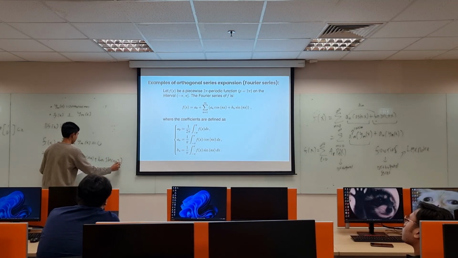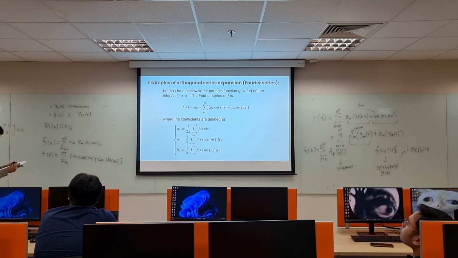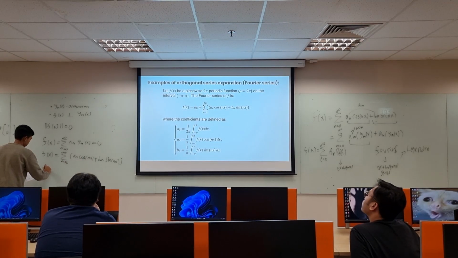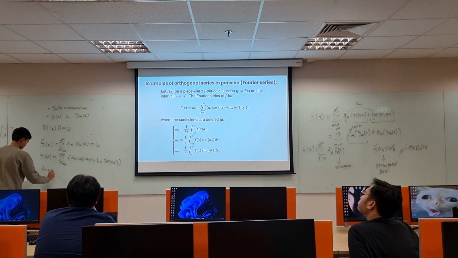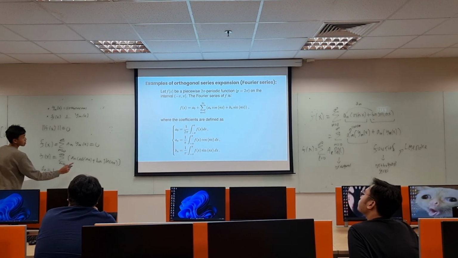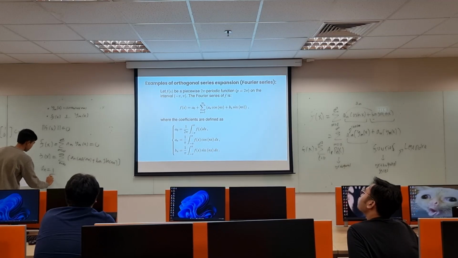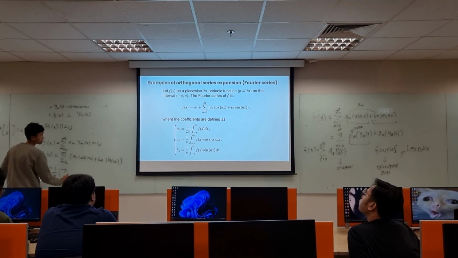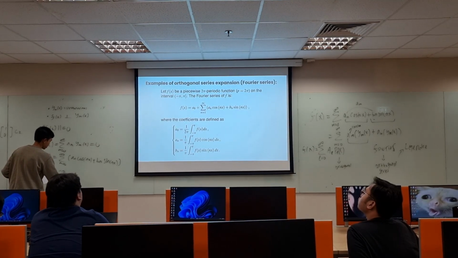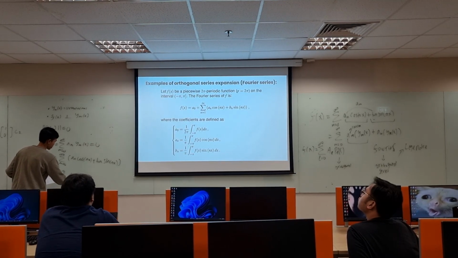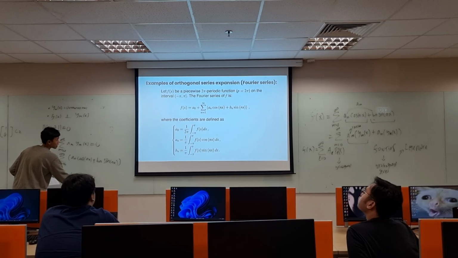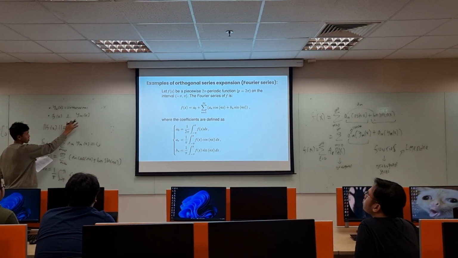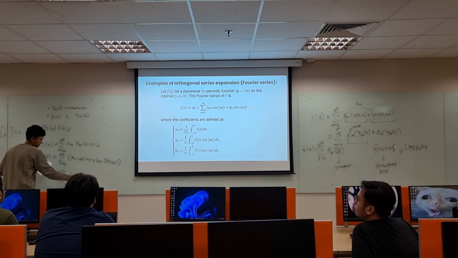We know that a_n and b_n have a formula, which is 1/pi times the integral from minus pi to pi of f(x) cos nx dx. Since f(x) is orthogonal to every y_m(x), then this is 0, right?